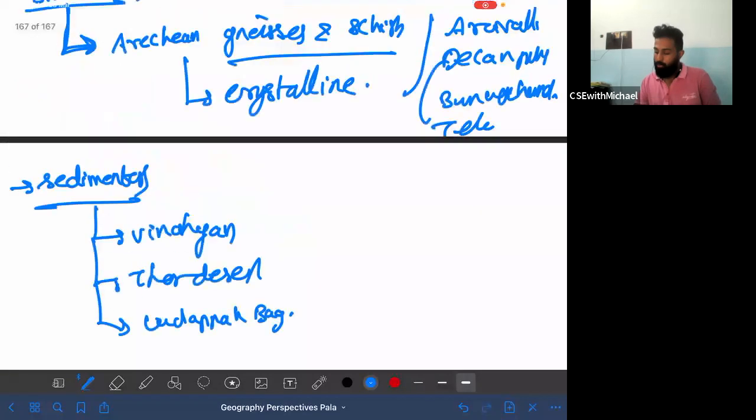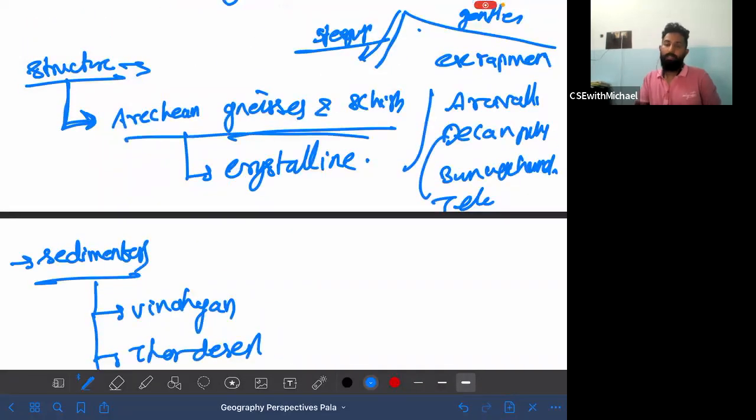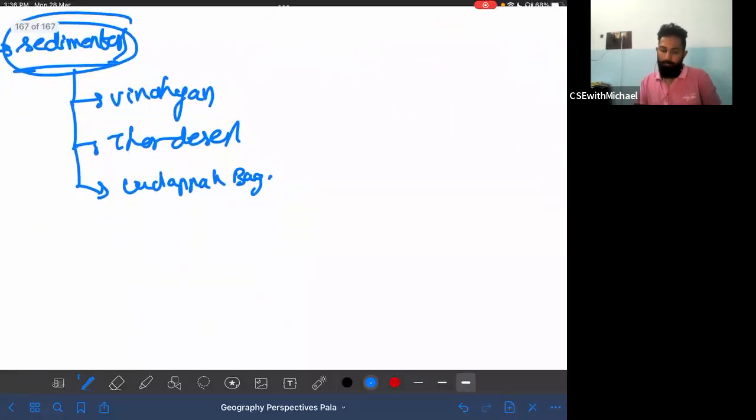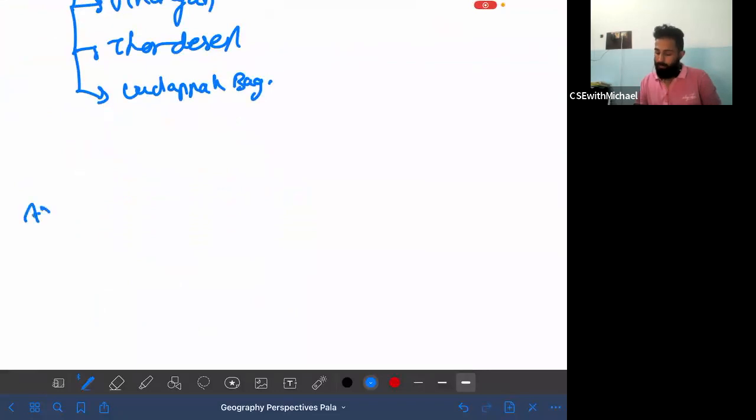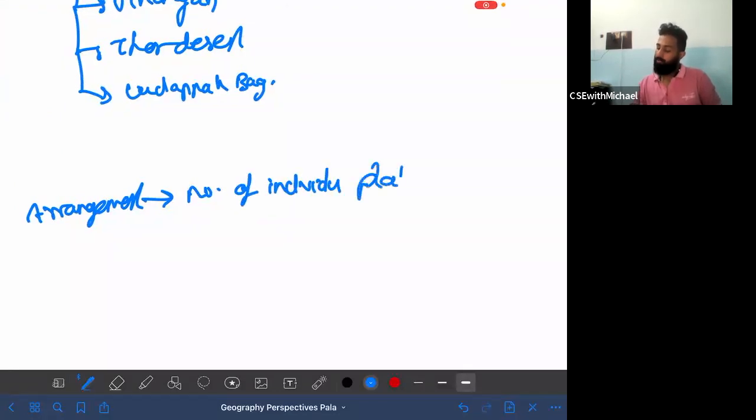So mostly it is Archean gneisses characterized by crystalline rocks. In some parts you can also see sedimentary nature, which can be explained using the geological history that we study. Right now, as far as arrangement is concerned, the peninsula is mostly made up of a number of individual plateaus and hills.